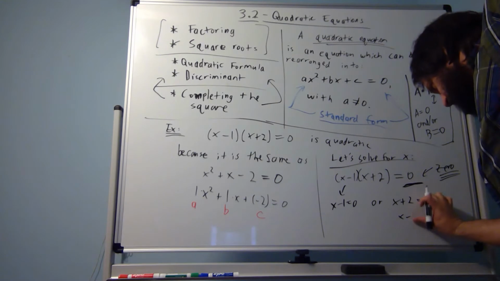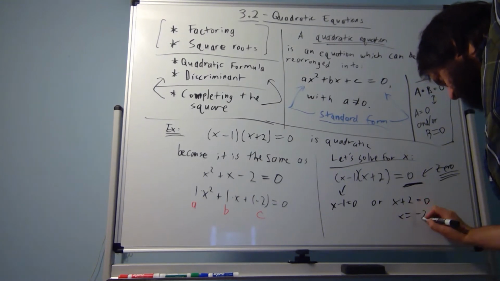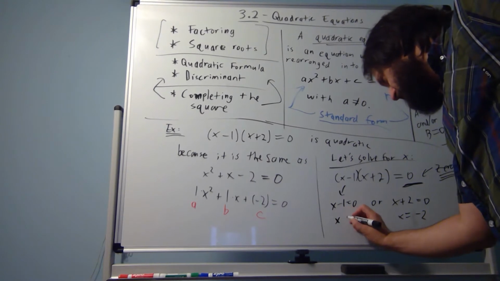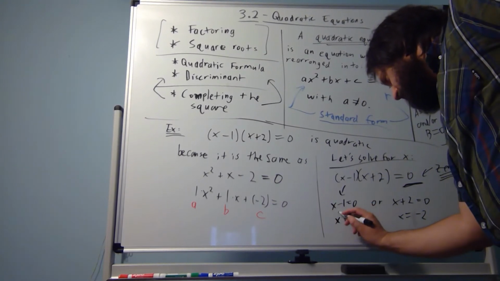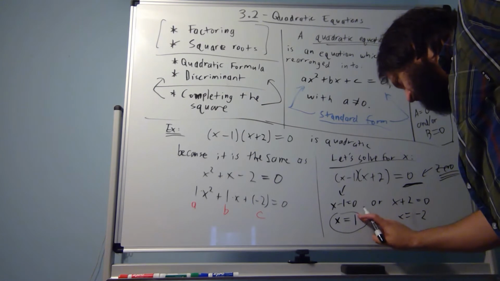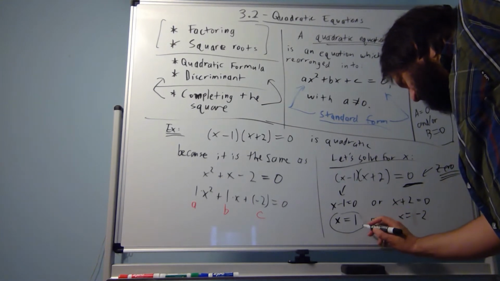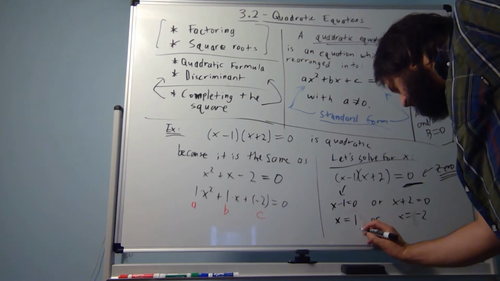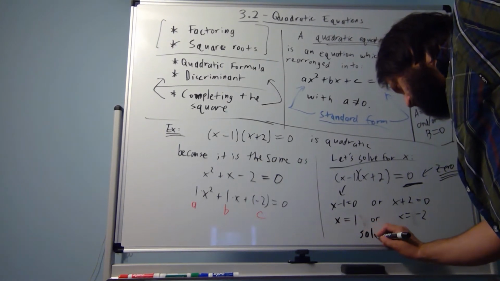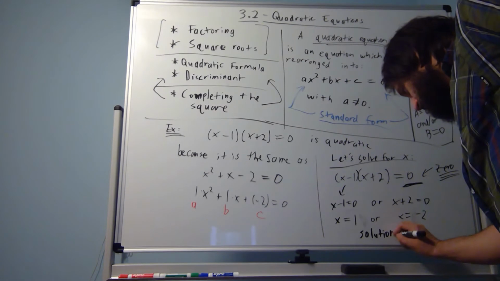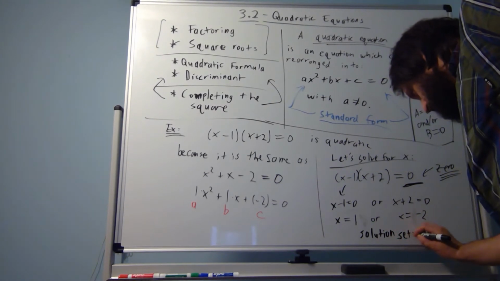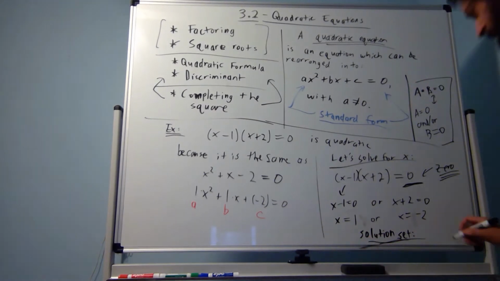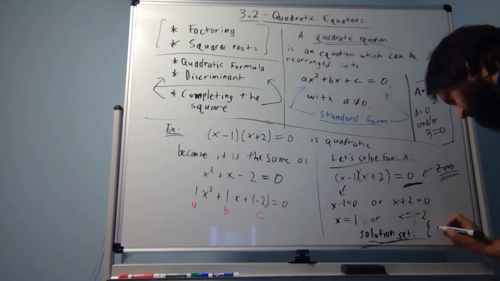Sorry, there's just an equal sign here. So x, in this case, you subtract 2 from both sides, x has to be negative 2. If you add 1 to both sides, then x is 1. I guess I should put this all as a set, and I think on my lab it's going to ask for the solution set.